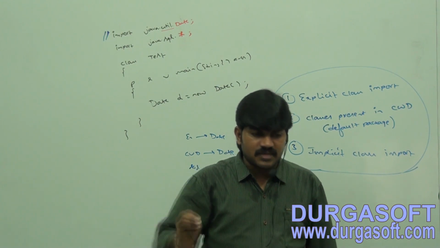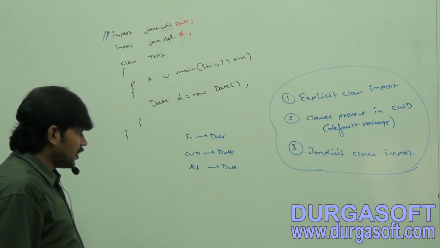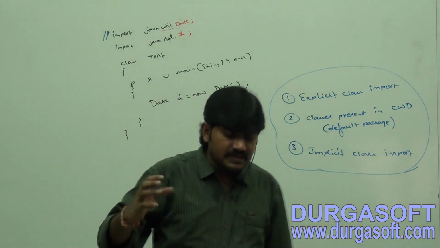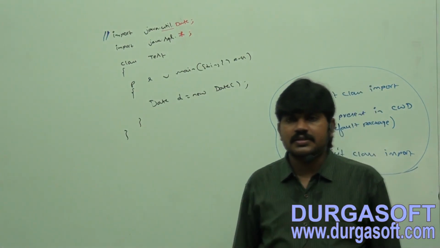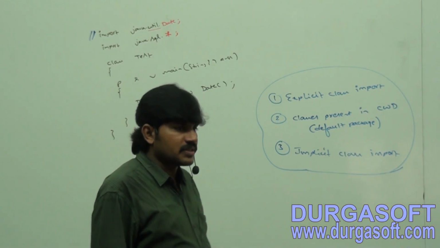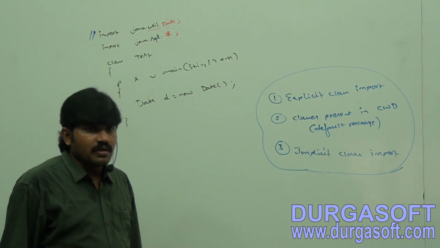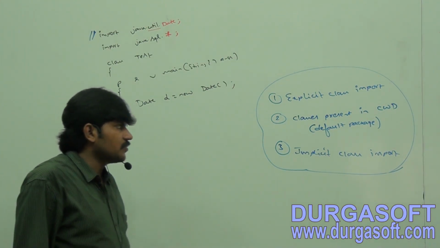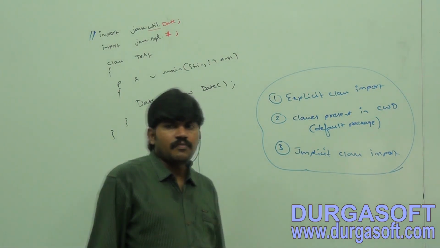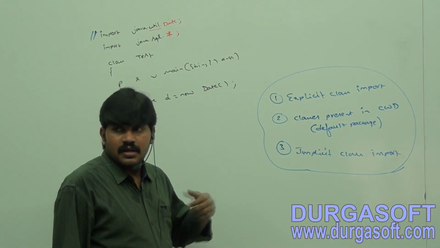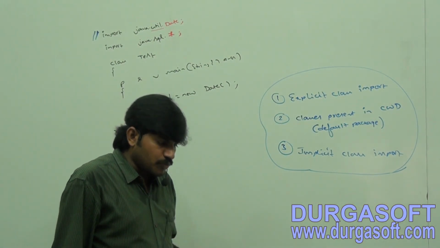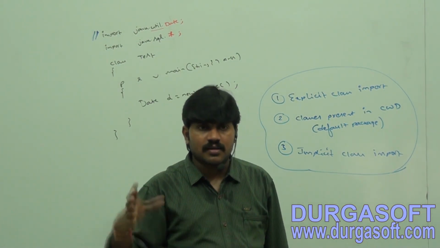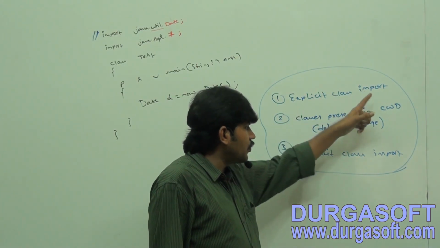While resolving class names, the compiler will always give the precedence in the following order. First one, explicit class import.